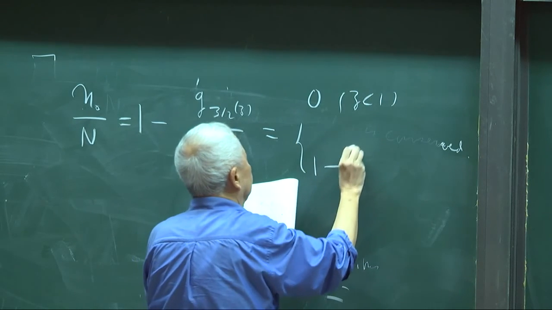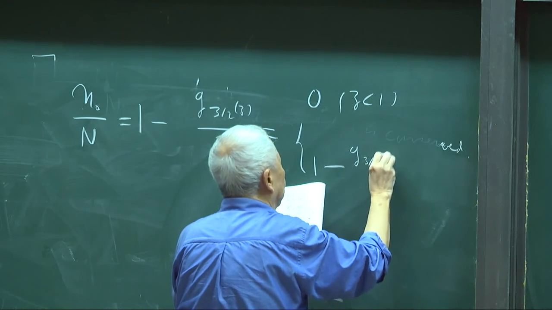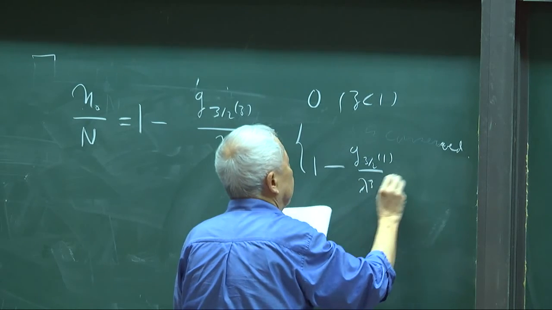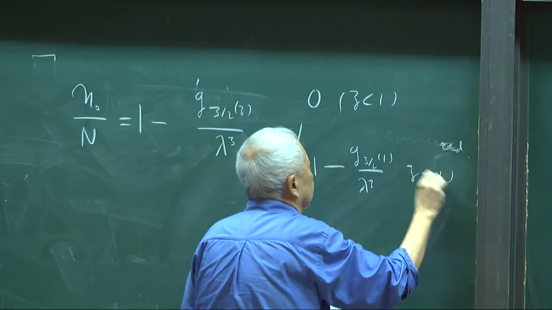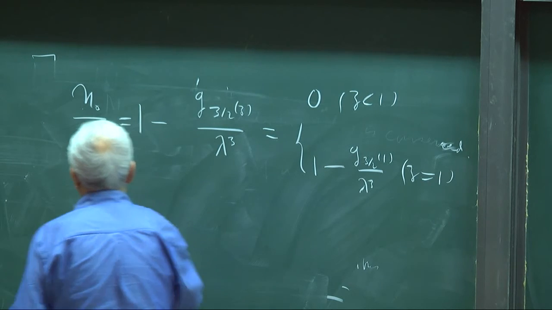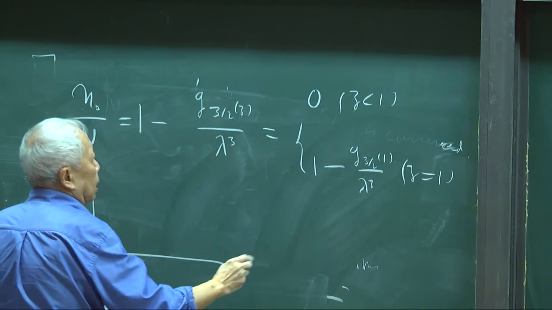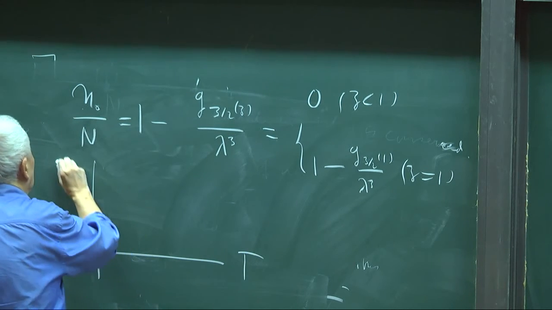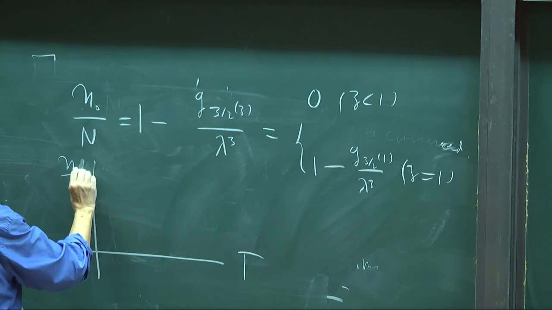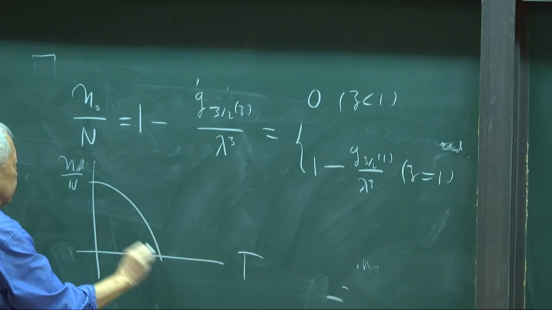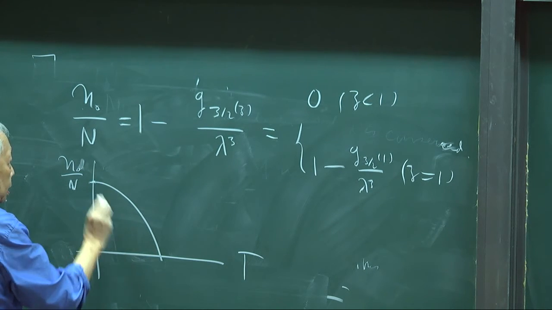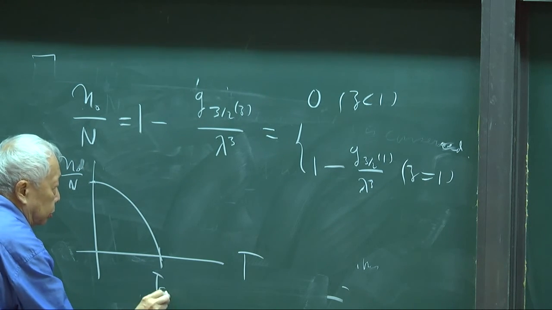And it's 1 minus G 3/2 of 1 over lambda cube when z is equal to 1. So as a function of T, it looks like this. This is the critical Tc.